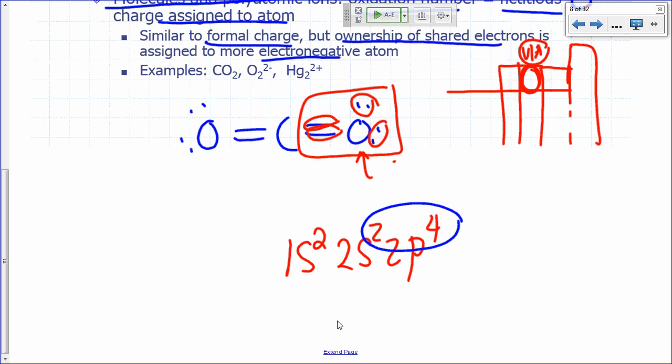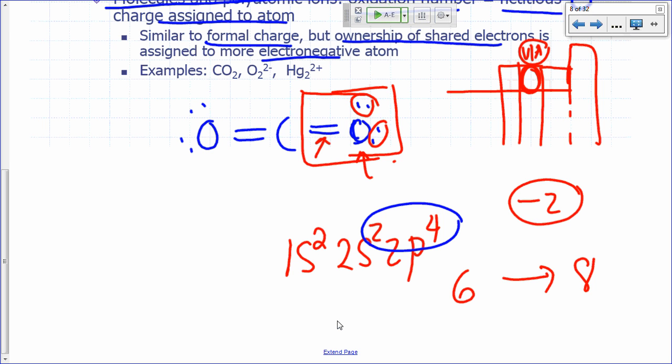We say it appears to own 8 because we're going to make the assumption, for purposes of calculating oxidation number, that you assign ownership of shared electrons to the more electronegative atom. So even though this double bond is shared between carbon and oxygen, we're going to assign ownership of that to oxygen. So from 6 in a neutral atom to 8 in the structure as drawn here, it appears to have gained 2 electrons. So we say it has an oxidation number of -2.